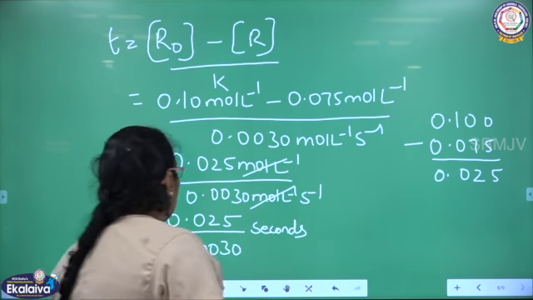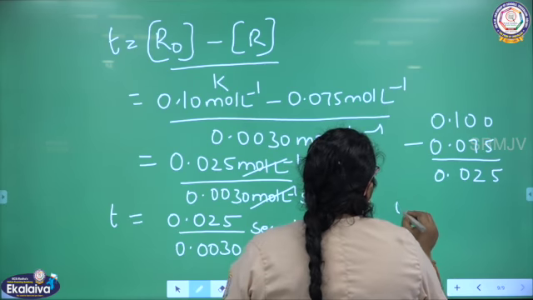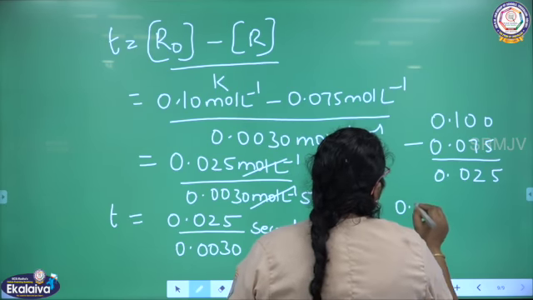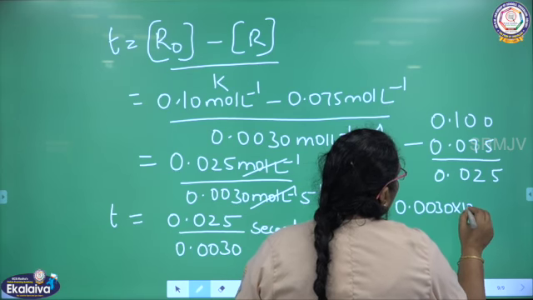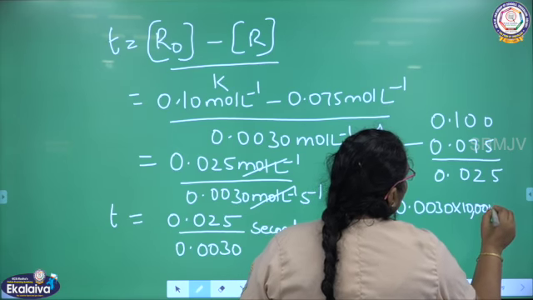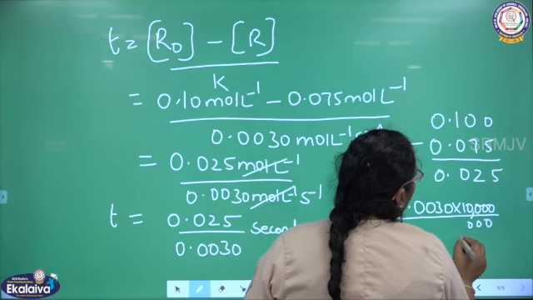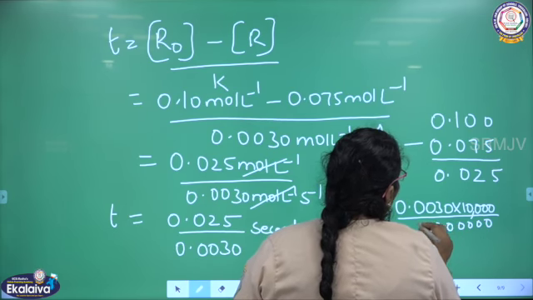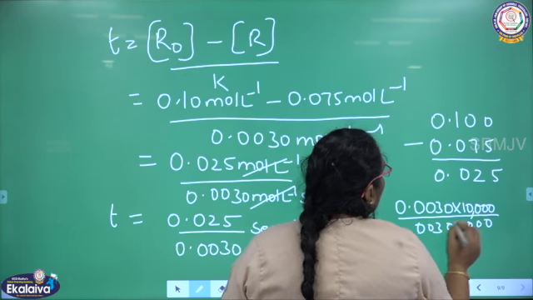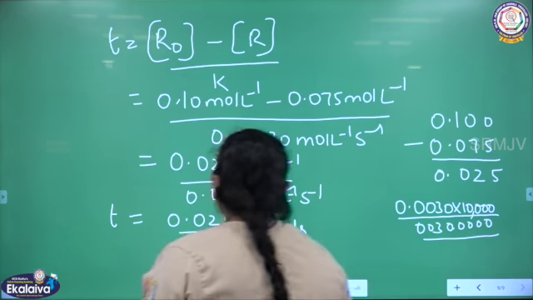So divide it now. If you multiply by 10,000, keeping the decimal point after 4 digits, what is the answer? So you will be getting 30.